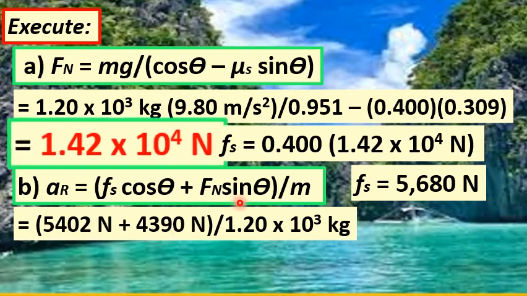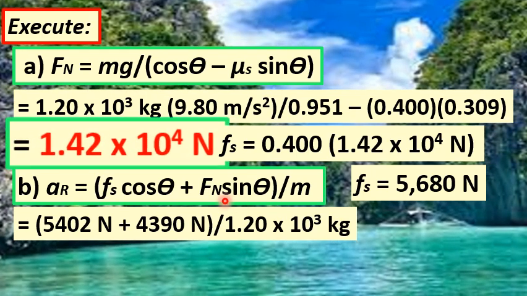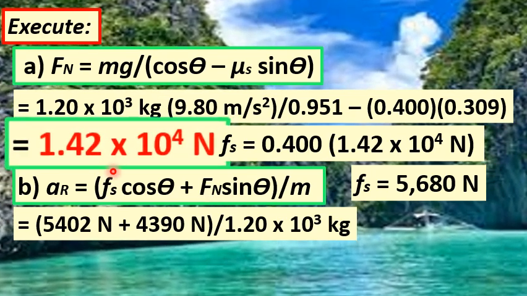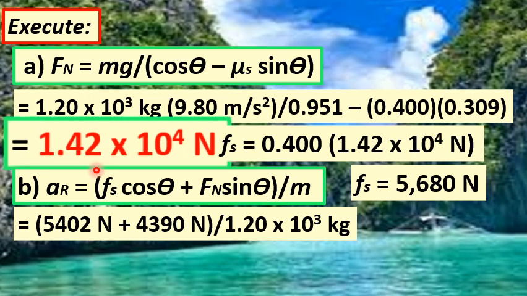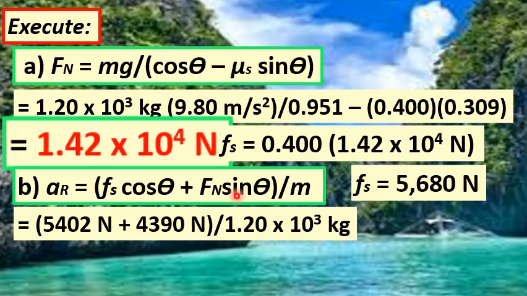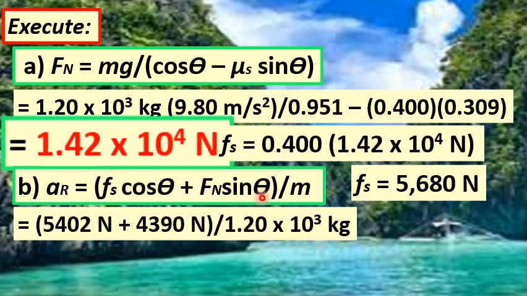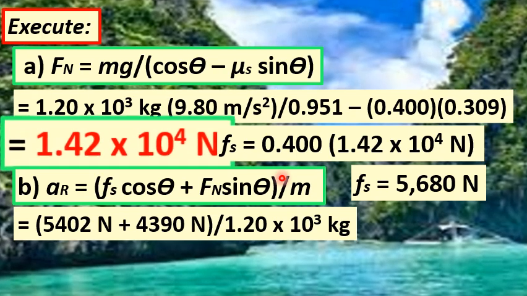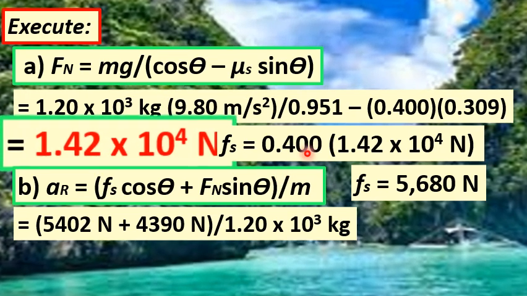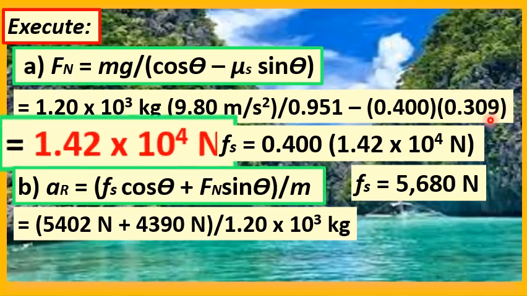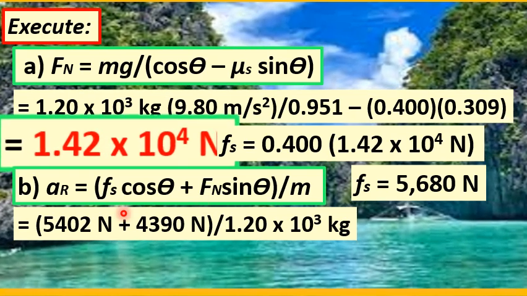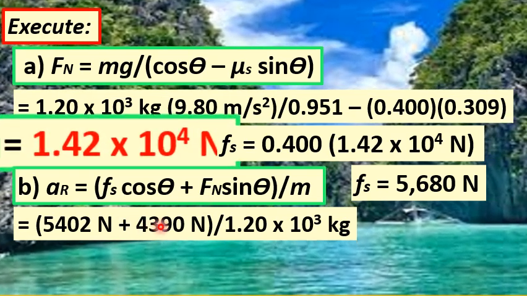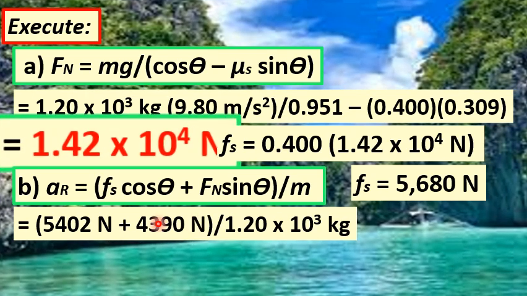Likewise, multiplying the magnitude of the normal force 1.42 times 10 to the fourth power Newton by the sine value of the angle theta, equal to 0.309, what we get is 4,390 newtons.